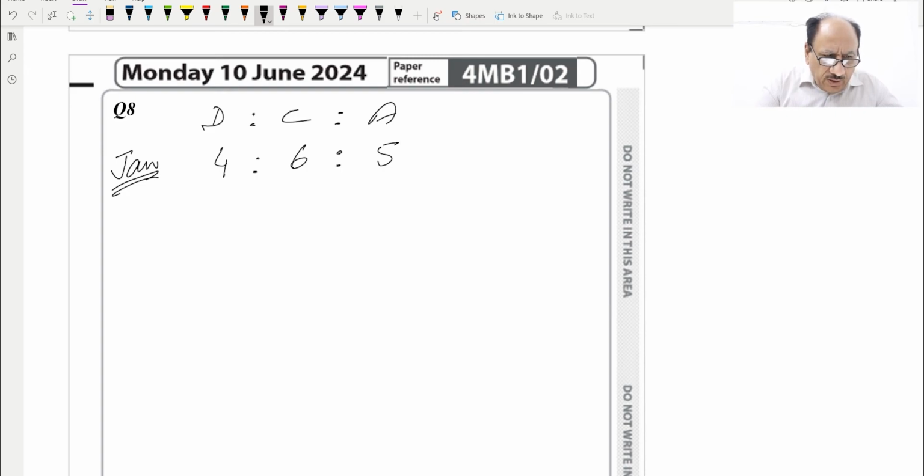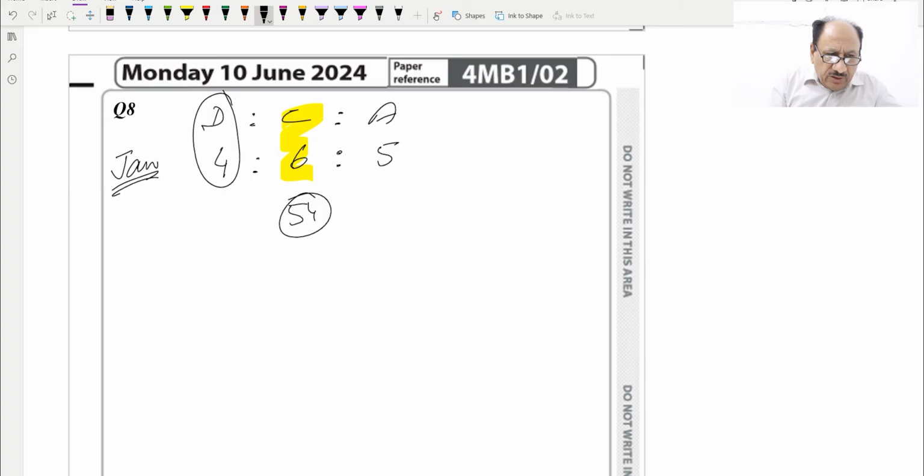The number of calendar watches the company makes in Jan is 54. So this number is 54 they have given us. Calculate the number of diver watches. So this one we need to calculate.